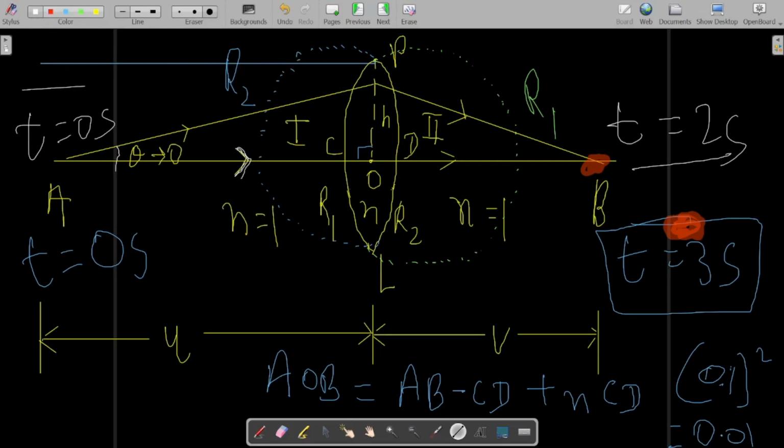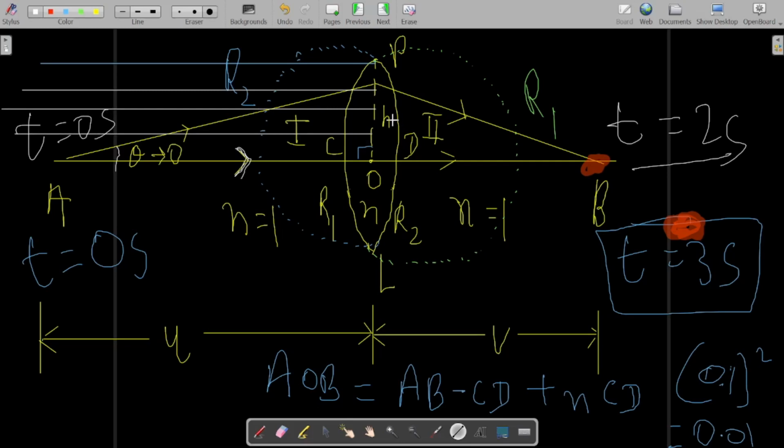Then the rays will come like this, parallel to each other. Those will get refracted and will intersect at a particular point like this. This is the definition of focal length.